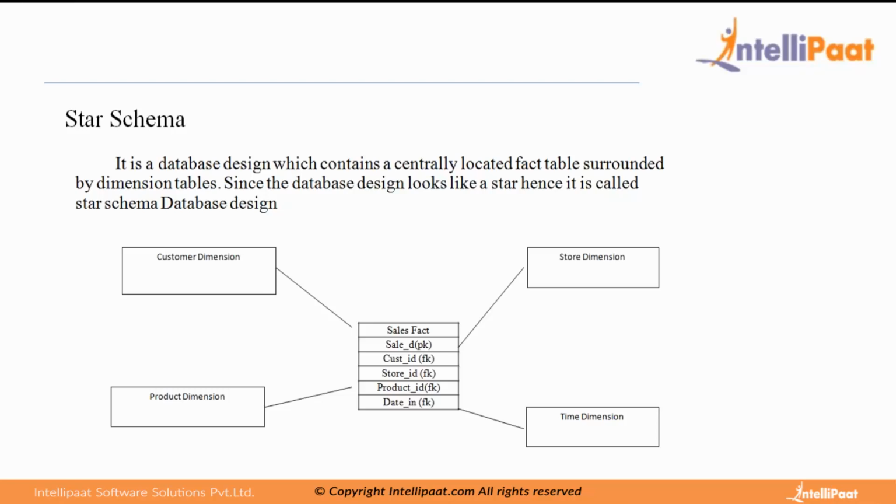There are three types of schemas which we can use when modeling our data warehouse. We can use the star schema, the snowflake schema, and the fact constellation schema, which is like a galaxy schema. So these three types of schema we can use for modeling our data warehouse.